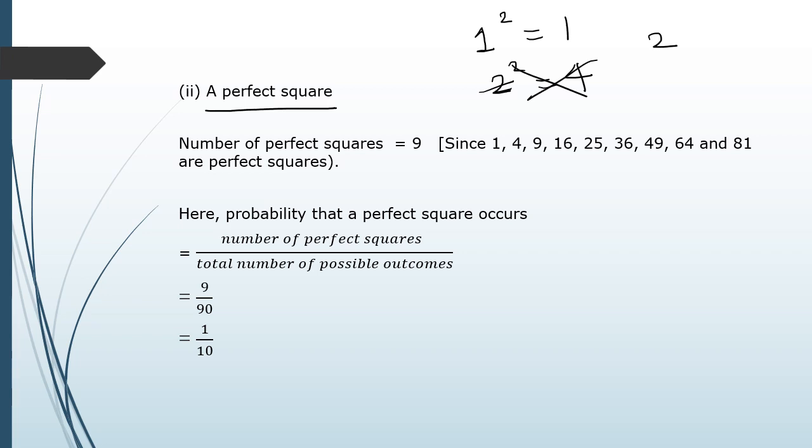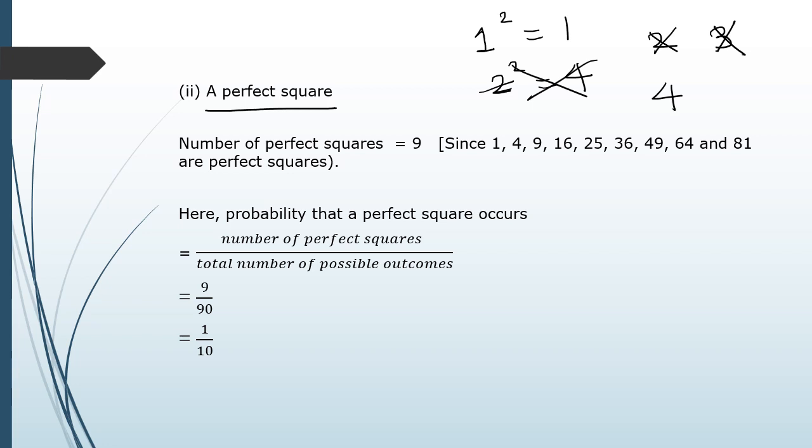We know 2 is not the square of any other number. So 2 is not a perfect square. Similarly, is 3 a perfect square? Is 3 the square of another number? No, 3 is not the square of any other number. So 3 is also not a perfect square.